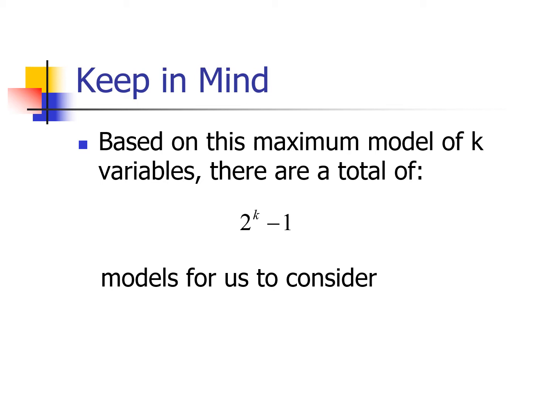Well, because if we look at all of those 2 to the power k, one of those is a model that has no variables at all, and of course we wouldn't fit that model. That's not really a model to fit or consider. So that's why we're doing a minus 1. Does that make sense? So we have an awful lot of models to consider, and our goal is, of these 2 to the k minus 1 models, which one do we think is the quote best?